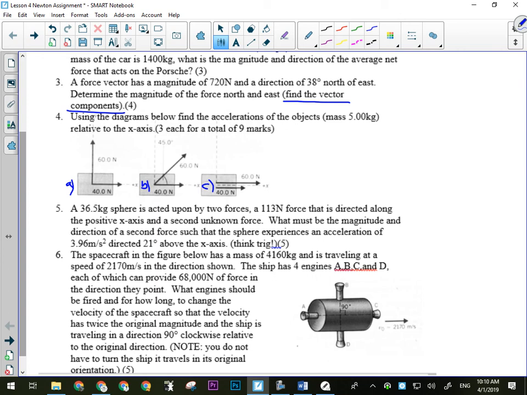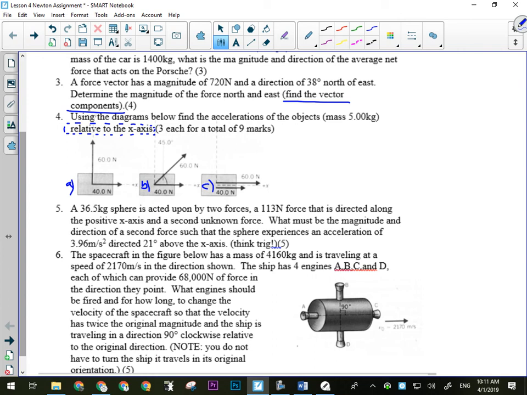It's a 5 kilogram box. You're being asked to calculate the acceleration in part A when there's a 60 Newton force going this way and a 40 Newton force going this way. And it's saying relative to the x-axis. We are wanting our directions to be relative to the x-axis, so this many degrees above or below the x-axis.